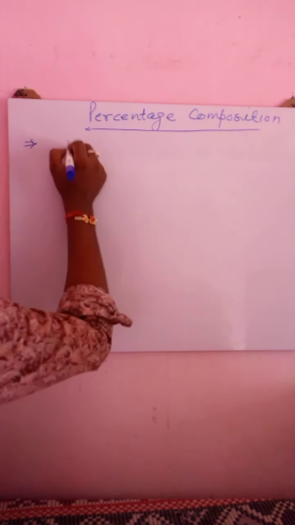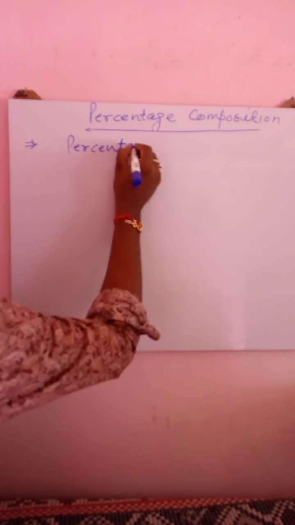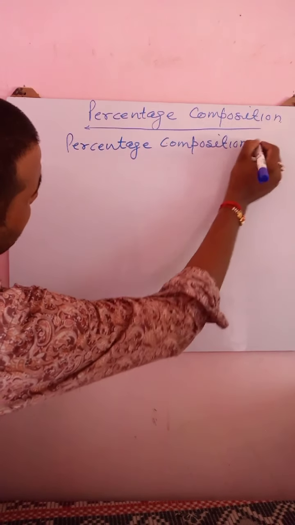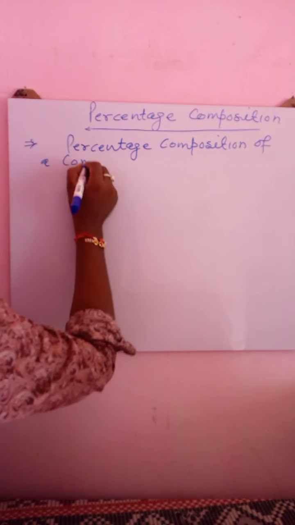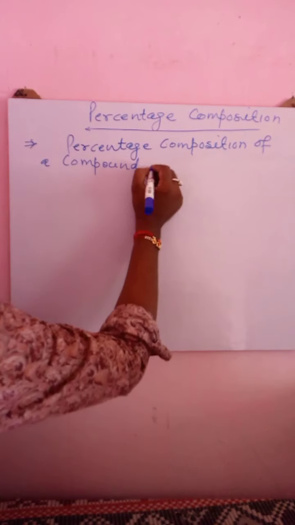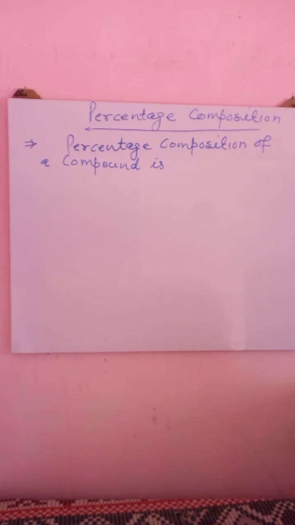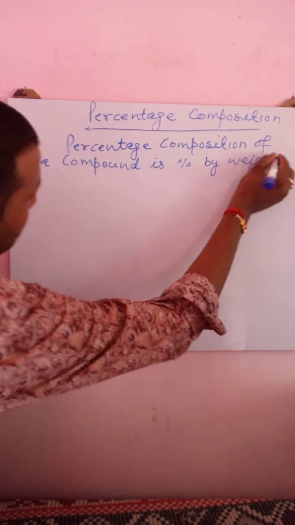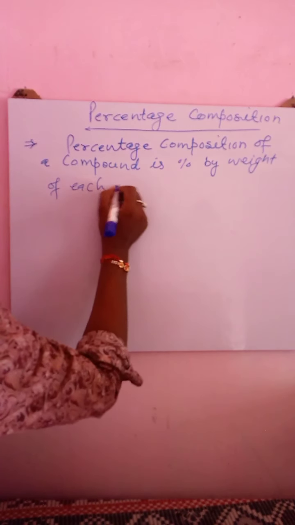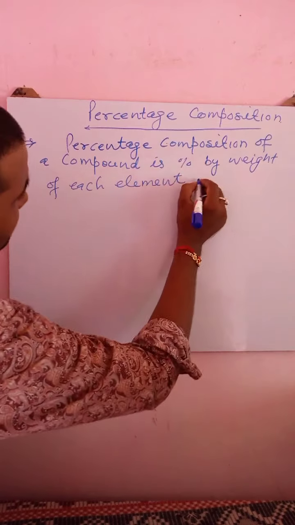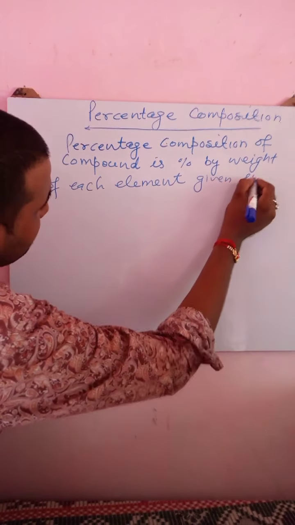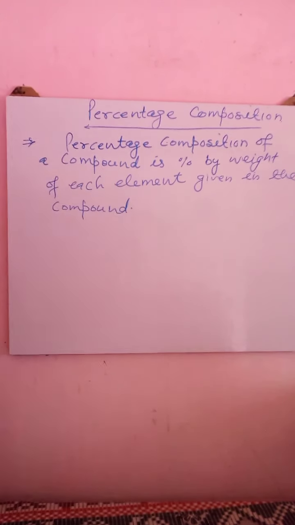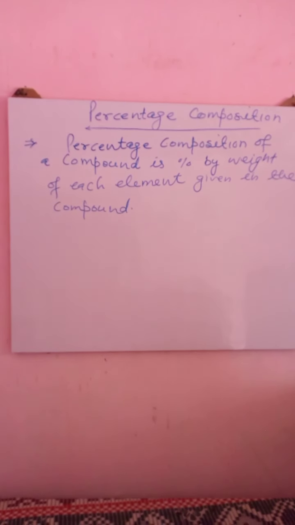Percentage composition of a compound is the percentage by weight of each element given in the compound. This is called percentage composition.